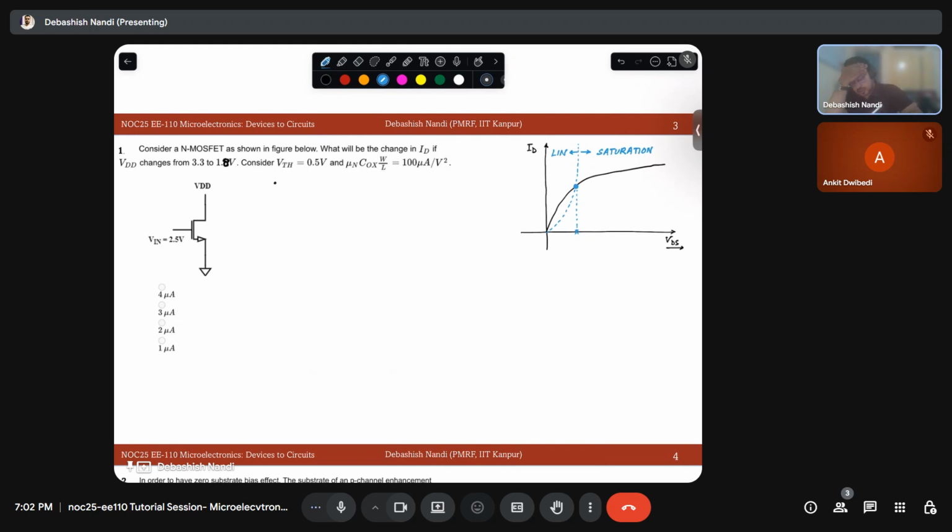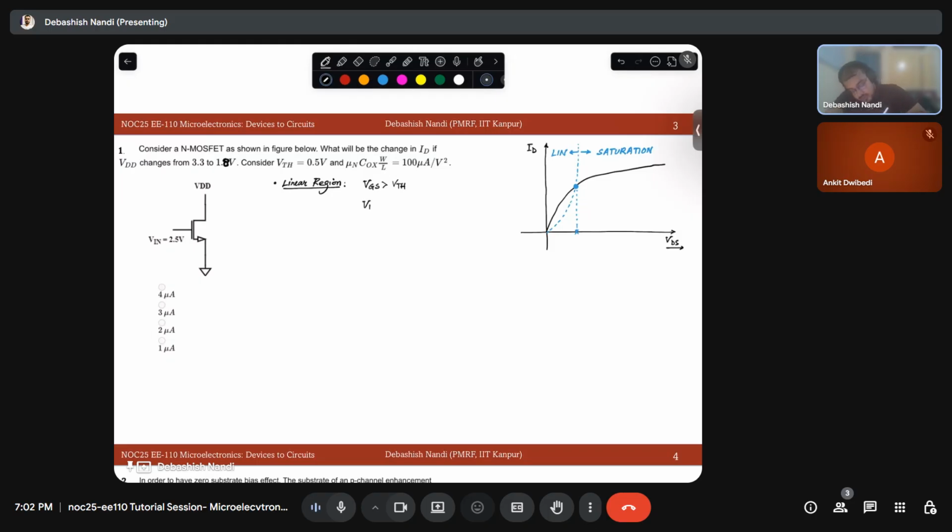What are the key features of the linear region? You need to have your VGS greater than VTH. That makes your transistor in the on state.